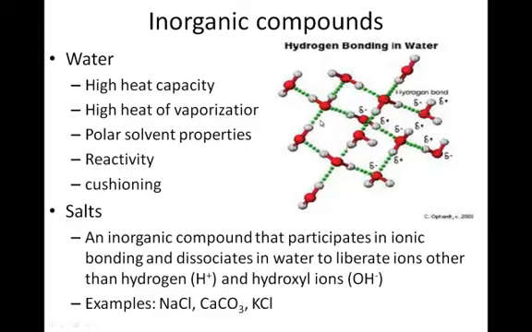So these hydrogen bonds are keeping these molecules from vibrating a lot. So if we want to raise the temperature, we have to add a lot of energy. These bonds make it harder to raise the temperature of water. So water has a very high heat capacity because of all the hydrogen bonding and because of the polar bonds. You know that it takes a lot of energy to make water boil, for instance.